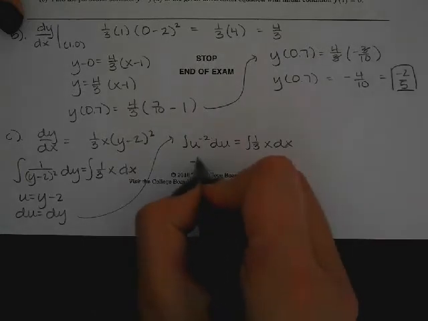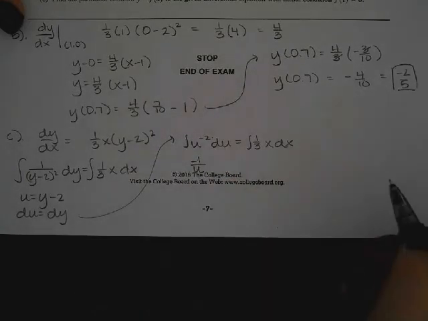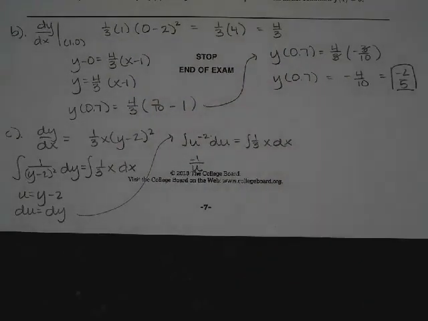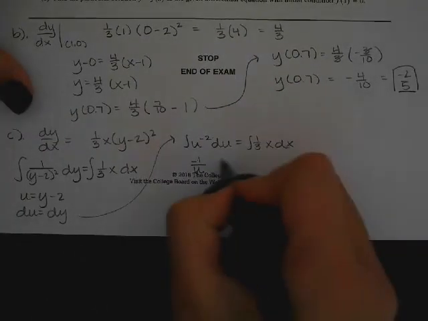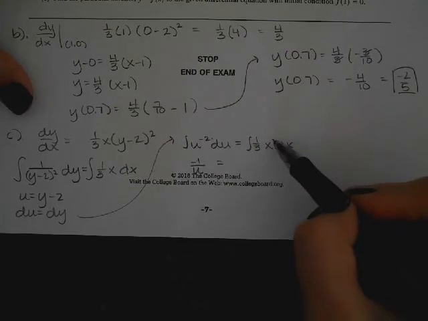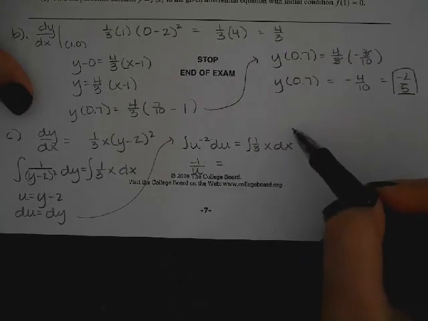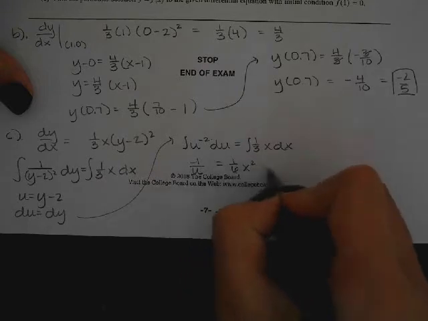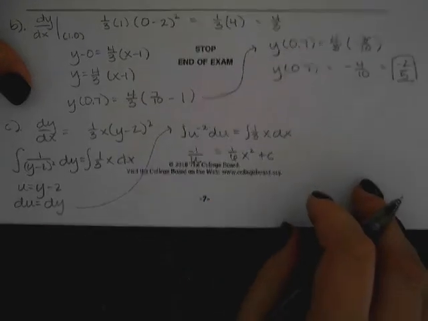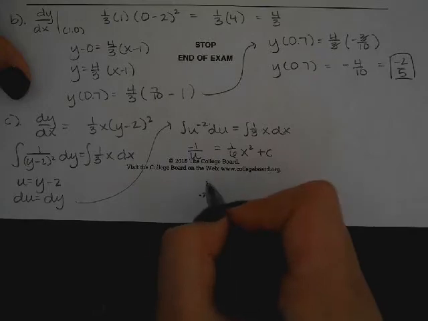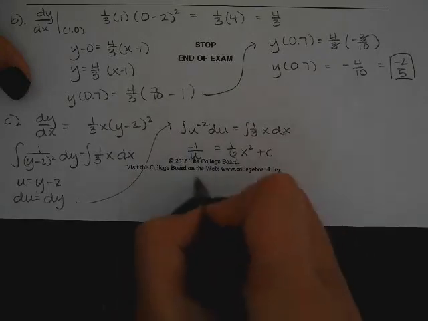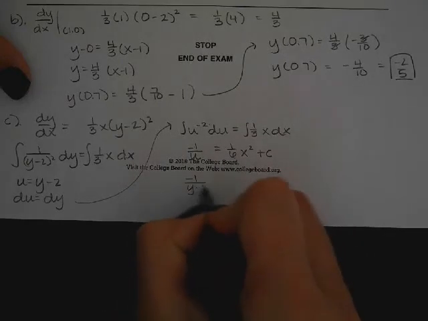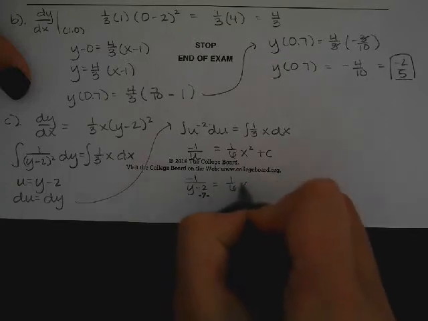So that gives me -1 over u, because that's -1 times u to the -1, equals, I have x, add 1 to the exponent, that's 2, divide by 2, so I've got 1/6 x squared plus C. I'll go ahead and plug the y minus 2 back in.